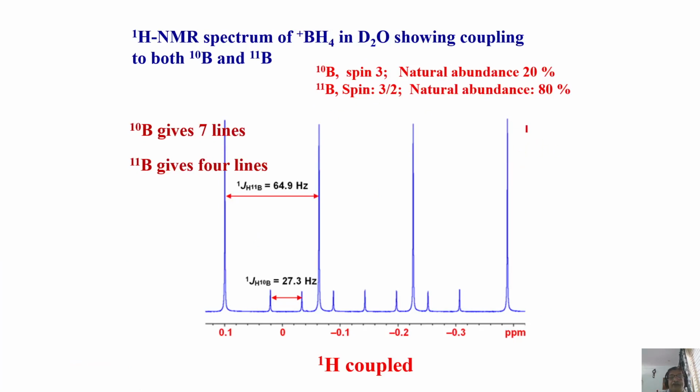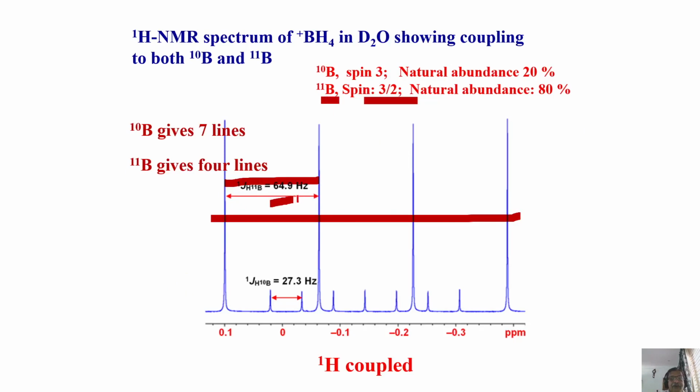So with 2nI plus 1, n is equal to 1, I is equal to 3 by 2. How many peaks do you expect? 2 will cancel, so 3 plus 1, you get 4 lines. And these 4 peaks are for B11 and of equal intensity, and this adjacent line separation gives you 11B and proton coupling.